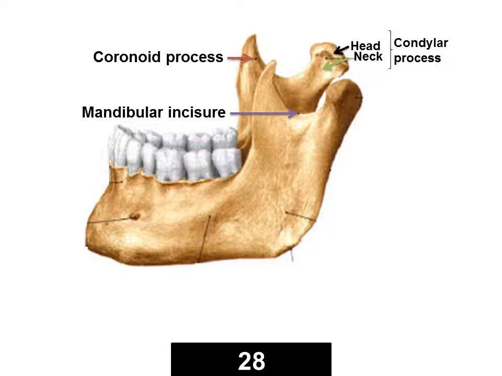فعندي coronoid is triangular in shape. Condylar process upper part is white وهذا هو head of mandible، وbelow it there is a constriction اللي هو neck of mandible. فالcondylar process هي بيها head وبيها neck of the mandible.